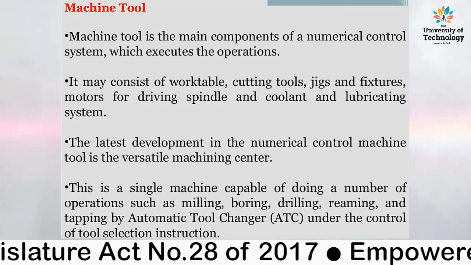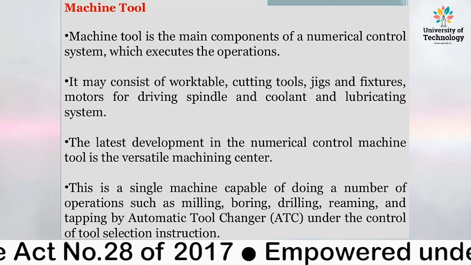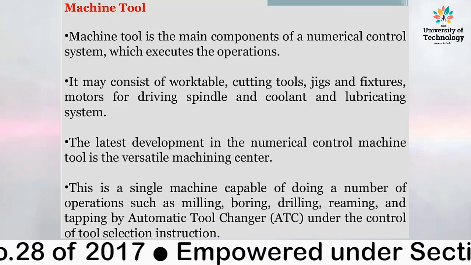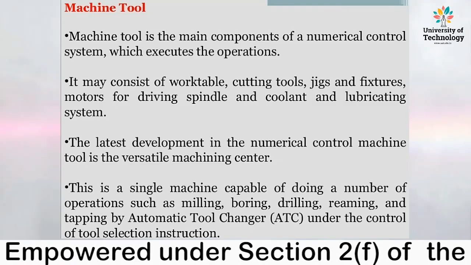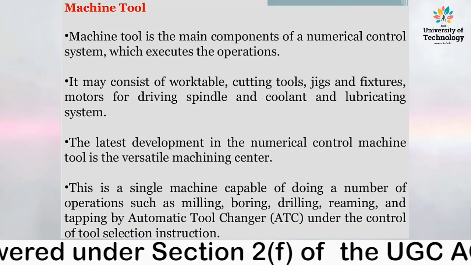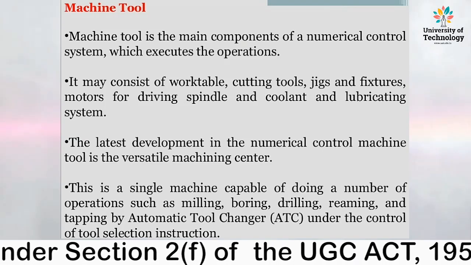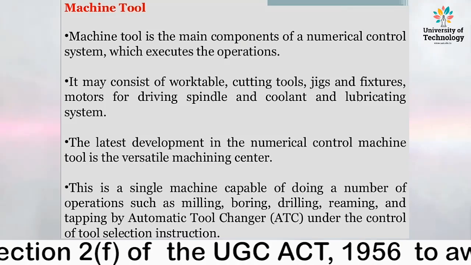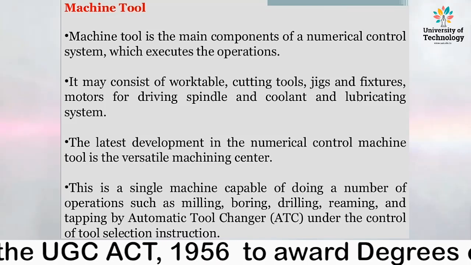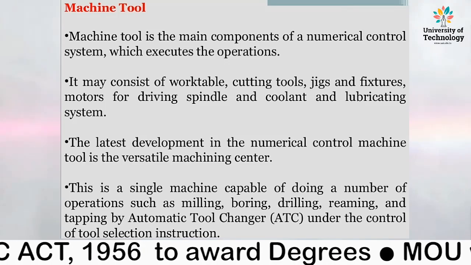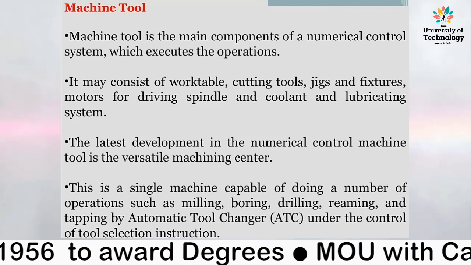The next one is the machine tool. The machine tool is the main component of a numerical control system which executes the operations. It may consist of a worktable, cutting tools, jigs and fixtures, motors for driving the spindle, and coolant and lubricating systems.